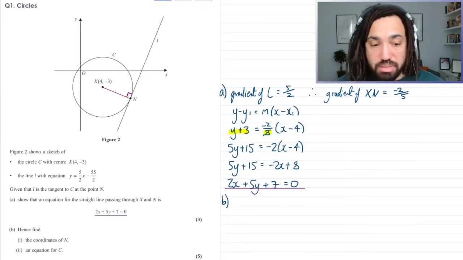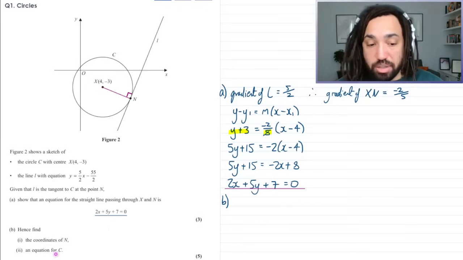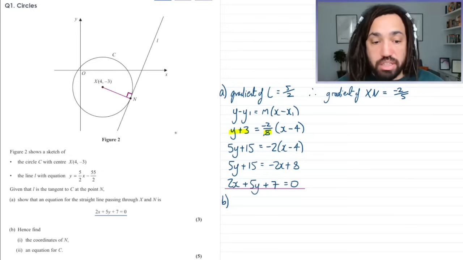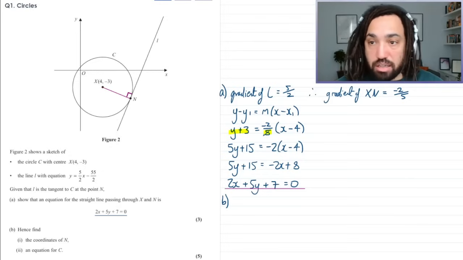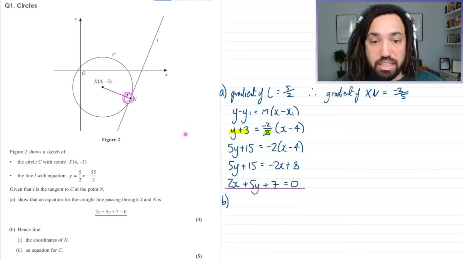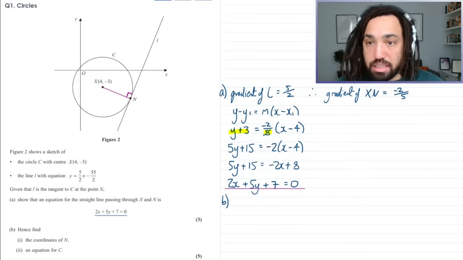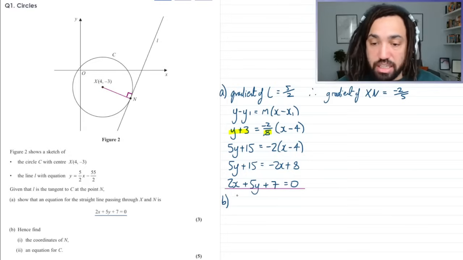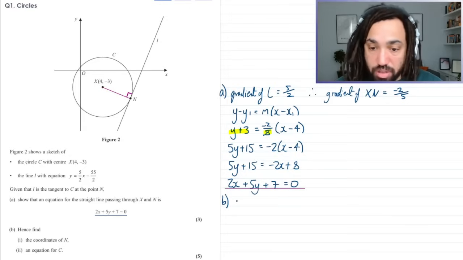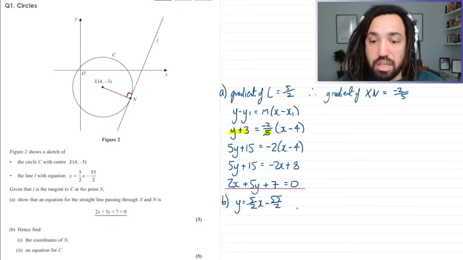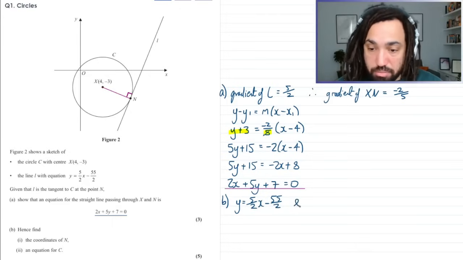Okay, part B, it says hence find the coordinates of N and an equation for C. Right, so the coordinates of N, well, N is right here, and that's where the two lines meet. So we need to solve simultaneously the equation of y equals 5 over 2 x minus 55 over 2 and the line we've just shown, which is 2x plus 5y plus 7 equals 0.